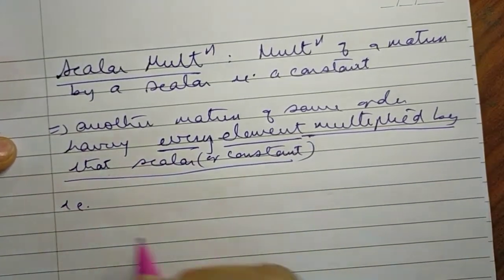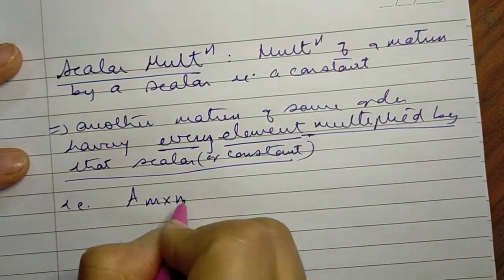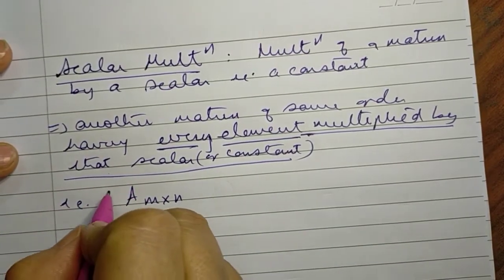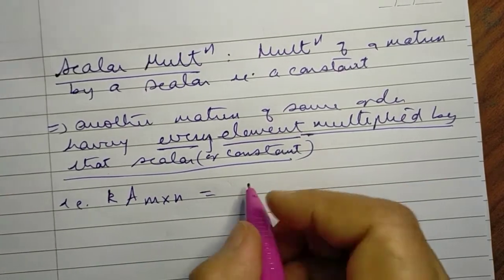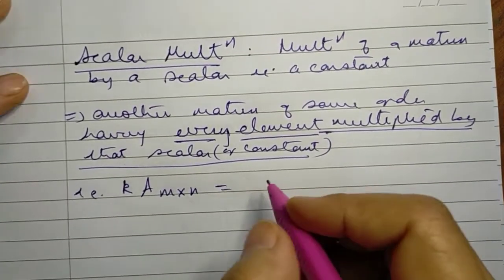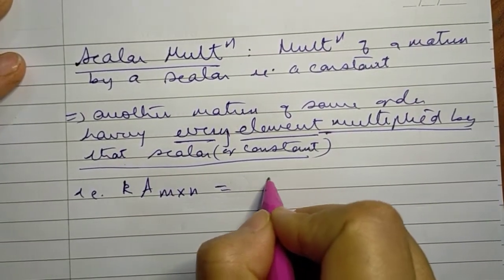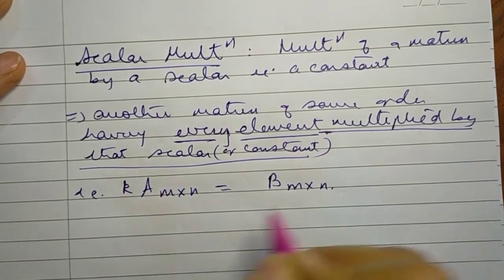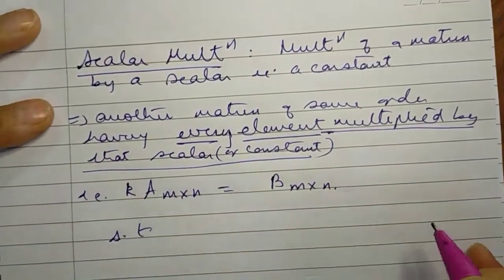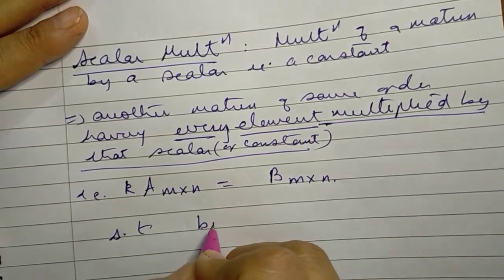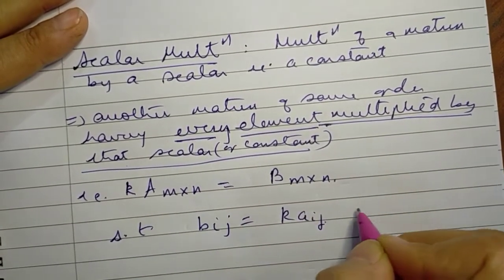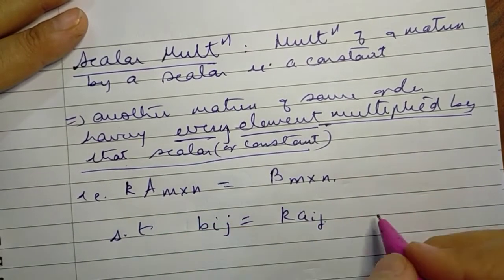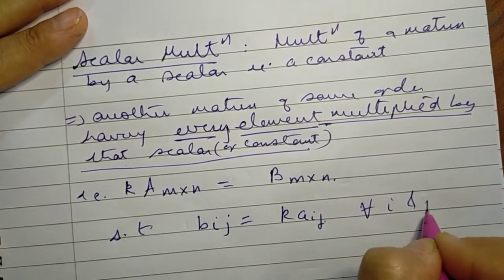That is, if we have a matrix A m by n and we want to multiply it by a scalar k, it will give you another matrix, let's say B m by n, such that every element, that is Bij, is equal to k times the corresponding element of the matrix A for all i and j.